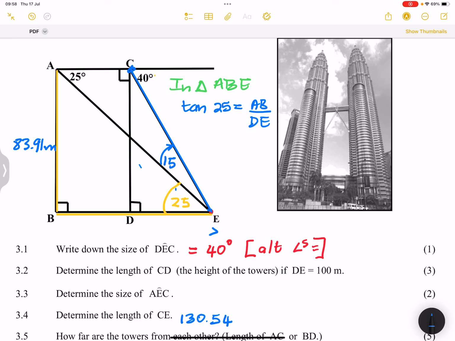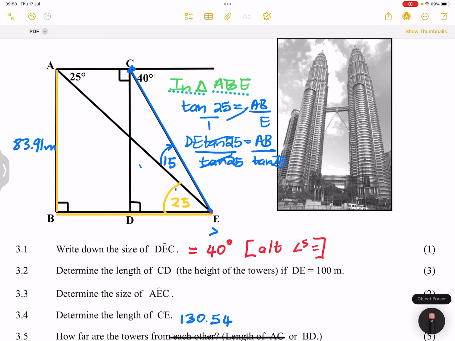Now notice, ladies and gents, we are looking for DE, so that means we cross multiply. So that means DE tan of 25 would be equal to AB times 1, which is AB, and we divide by tan 25 yet again. So BE, rather, not DE. So this was supposed to be tan 25 is AB over BE, not DE. Apologies there.